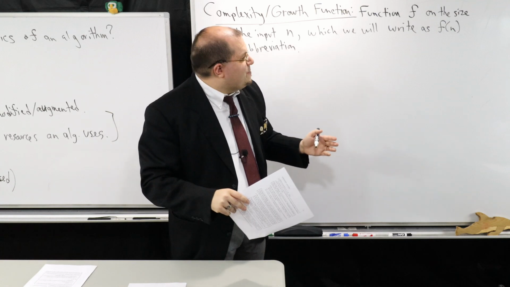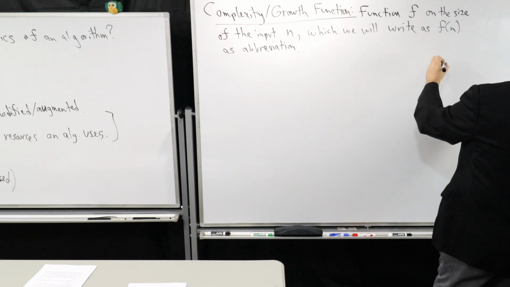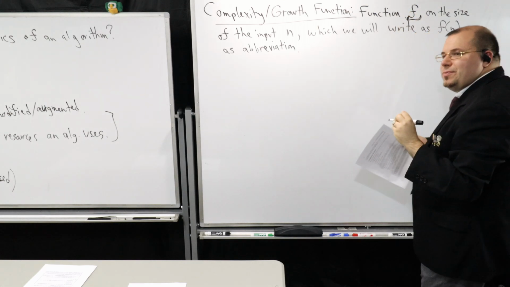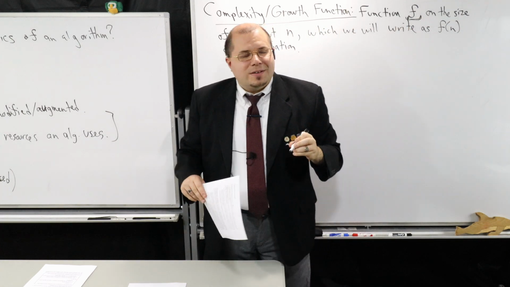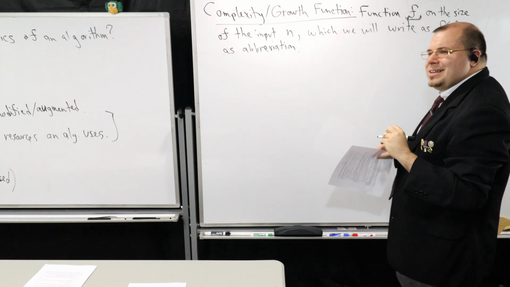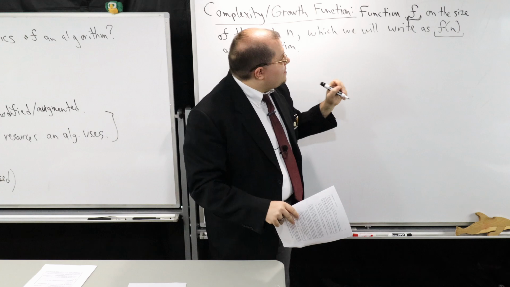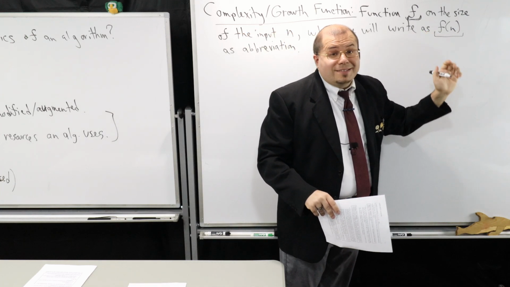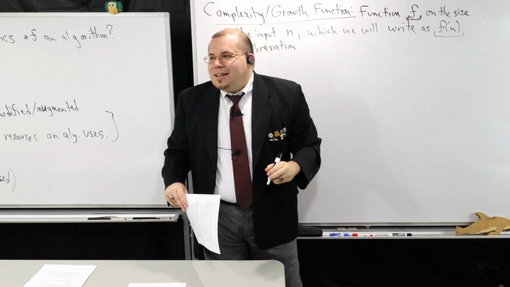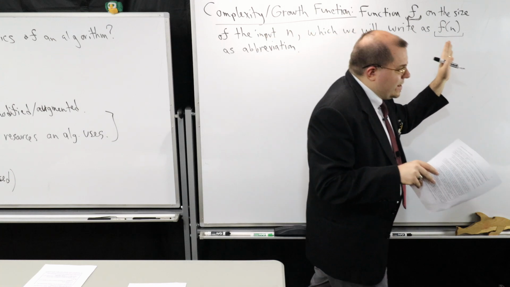Yeah, it is a function, but there's two parts to a function, right? So what's f? F is the name of the function. But what's f of n? You could write this down as the output of f given n. So exactly, it's the value of f given n.